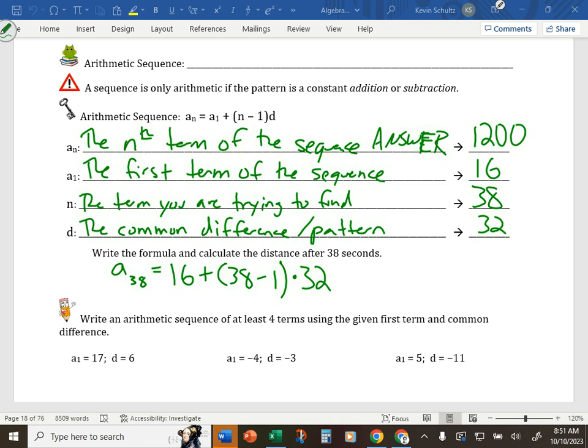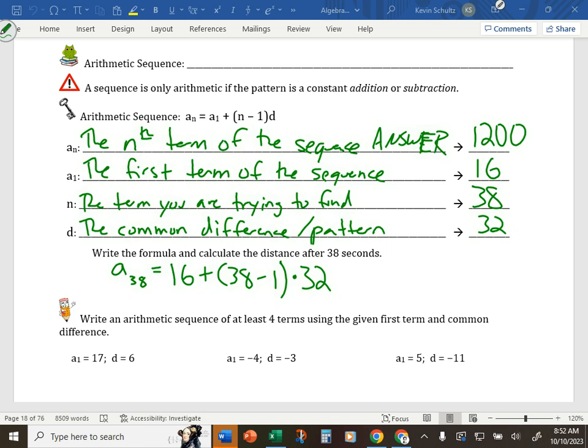Okay, so this 16 represents the first number of the sequence. If we're looking for the 38th, how many times are we adding 32 to 16? 37 times, right?